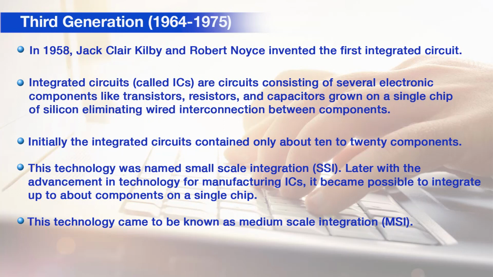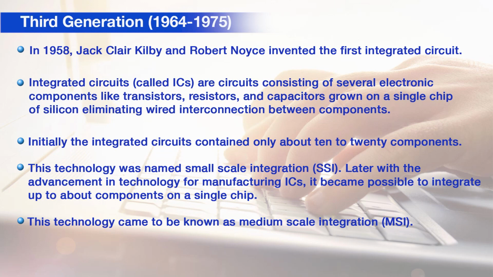Now coming to the third generation, the era was 1964 to 1975, where we were into the semiconductor industry where small scale integration and medium scale integration circuits were used, and the IBM 360 and Intel 8008 were the first to make the step into this computer market.